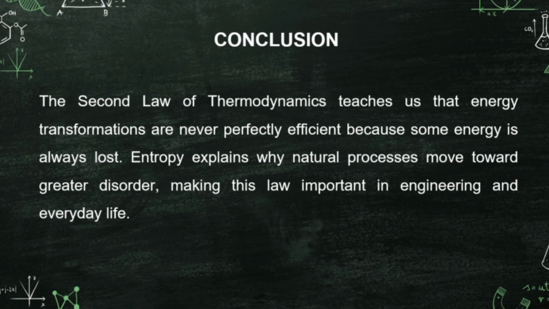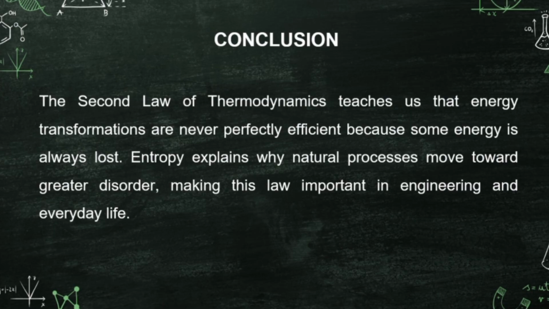In conclusion, the second law of thermodynamics tells us that heat naturally flows from hot objects to cold objects, and that no energy conversion process is perfectly efficient because some energy is always lost as waste heat.